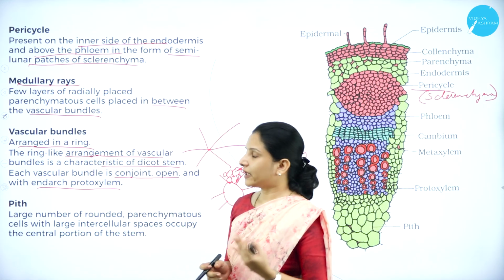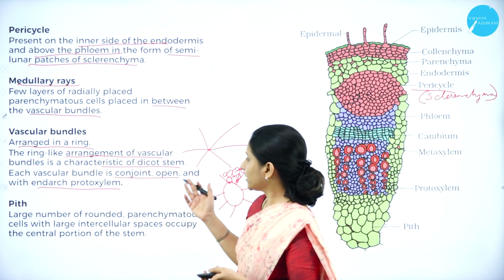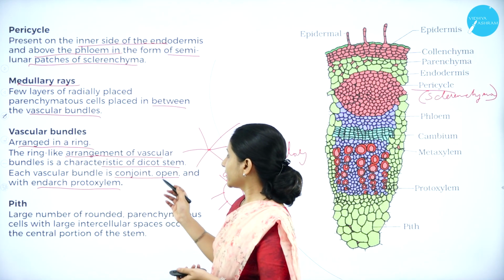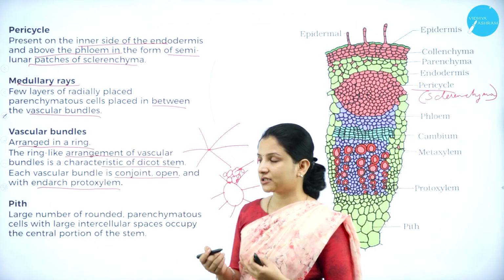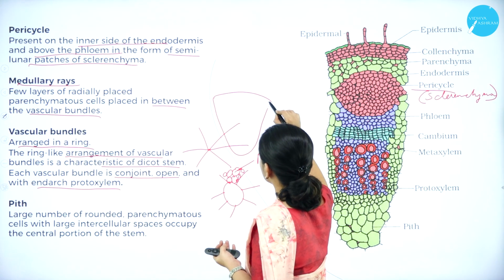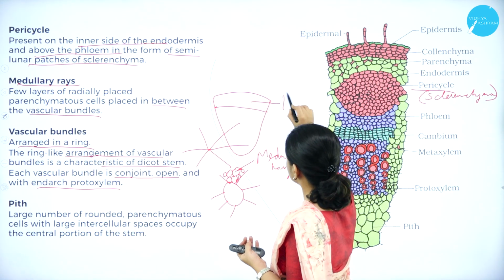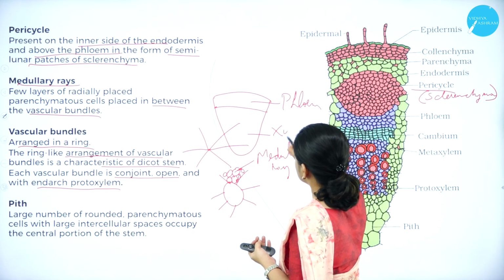When we look at the vascular bundle, that is the arrangement of the xylem and the phloem, we can find that each vascular bundle is conjoint. What is conjoint? You have studied it in your previous session. Suppose this is a vascular bundle, this is the phloem and this is the xylem.